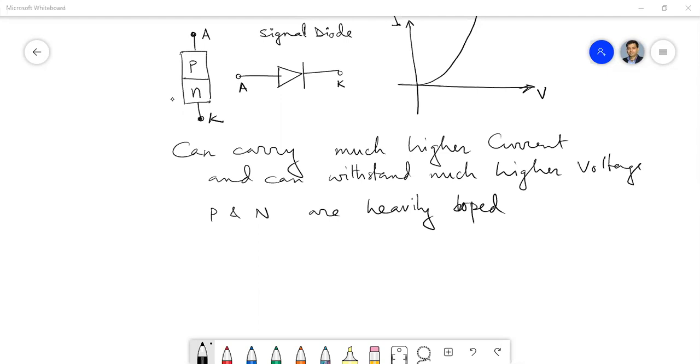Now you are asking what the advantage is, isn't it? If the number of carriers is more, then the device can carry more current.